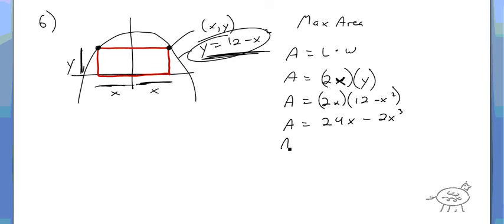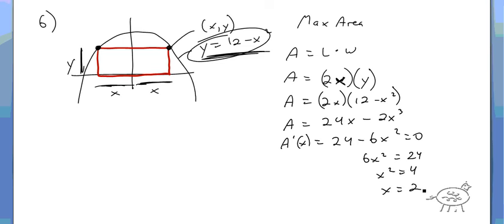And then I take the derivative. A prime of x, in terms of x, is 24 minus 6x squared. We set that equal to 0, so 6x squared is 24, x squared is 4, x equals 2. We do our interval testing here, with 1, 2, and 3.